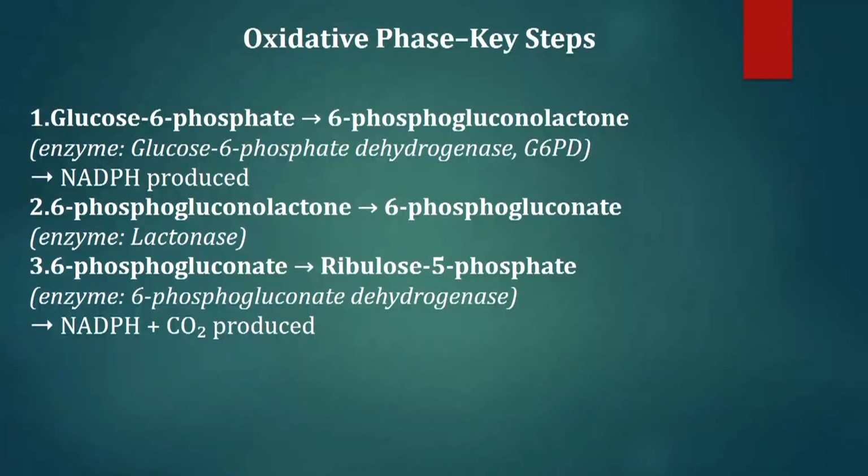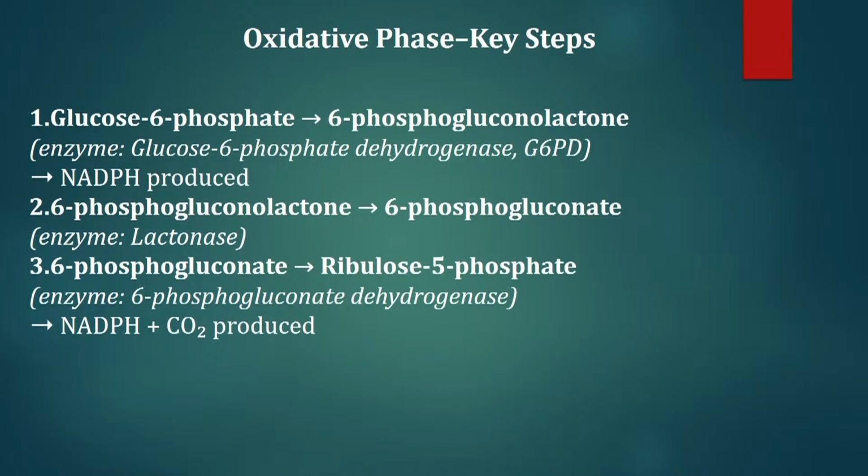Now the second step of this cycle is the conversion of 6 phosphogluconolactone to 6 phosphogluconate. Here the enzyme is lactonase. So there is an interconversion between these two molecules.